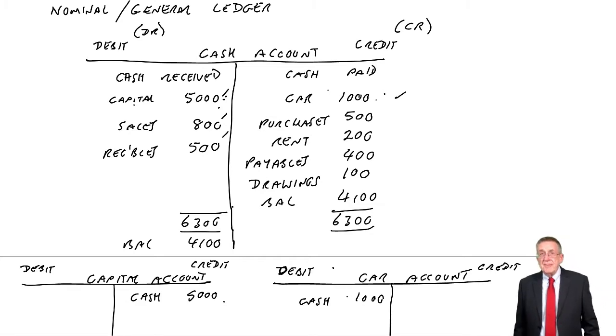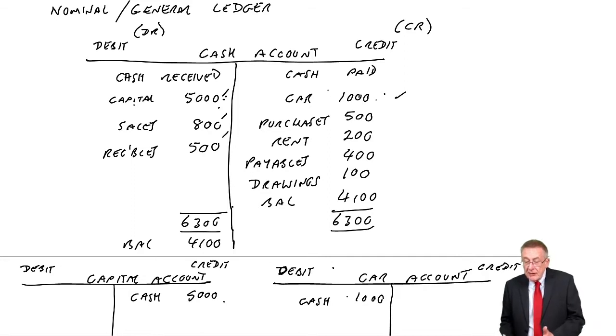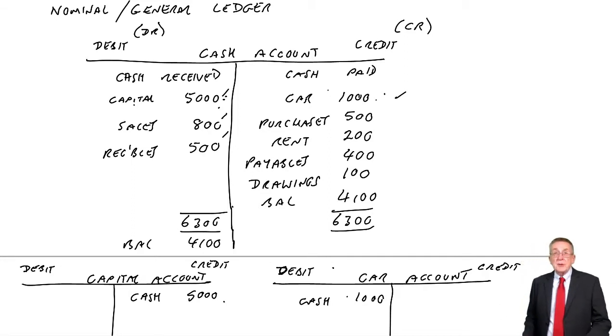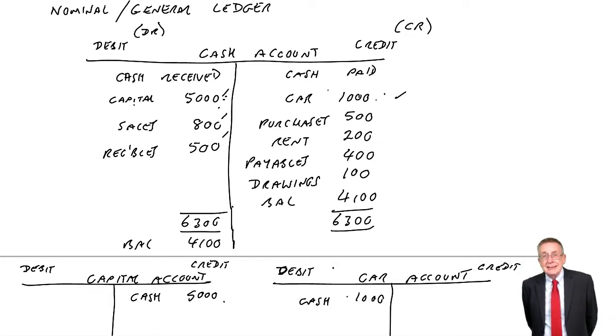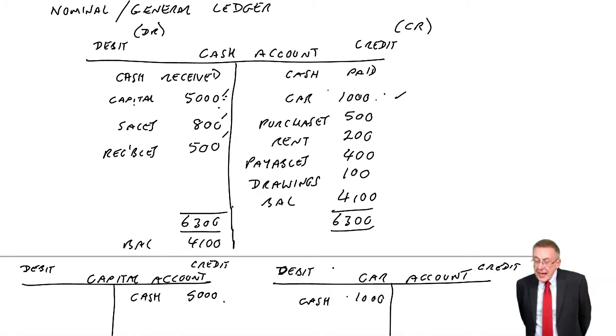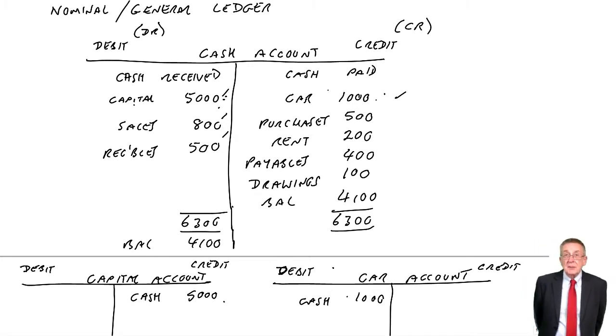For instance, cash. Cash is on the statement of financial position. It's an asset. And at the end of our period, we've got cash of 4,100. And of course, we've still got 4,100 at the start of next year. And so next year, we'll use the same T account.